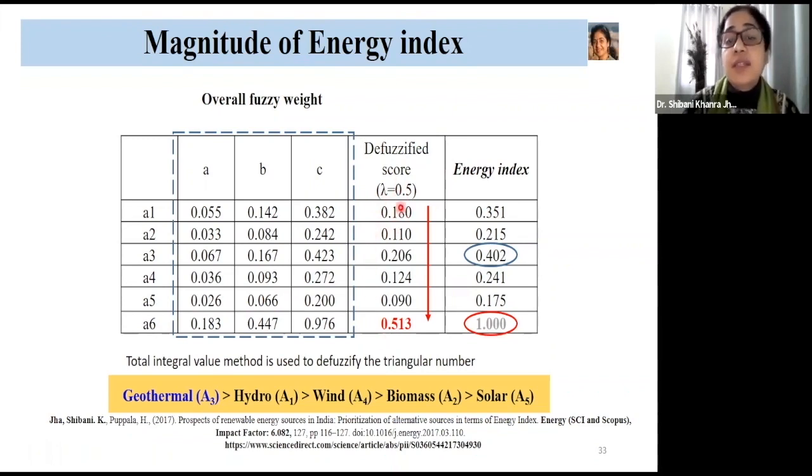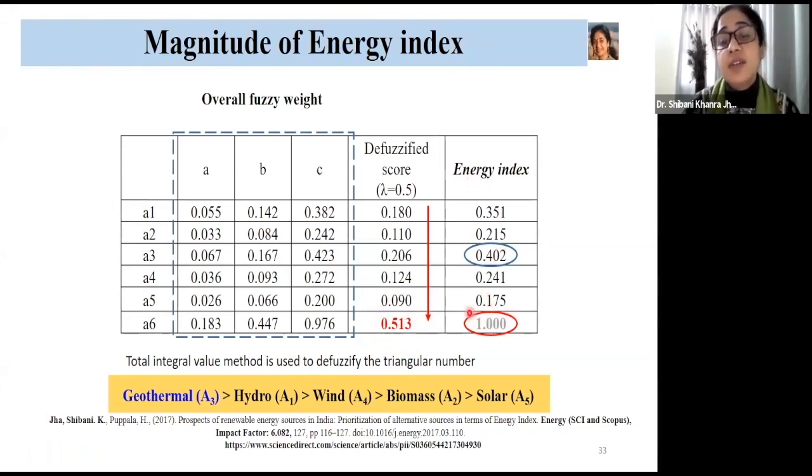With respect to that, you can see the value assigned for each of these alternatives A1, A2, A3, A4, and A5, and finally the energy index, which is obtained by dividing each of these defuzzified scores with respect to the score of this hypothetical alternative A6, and then we get the energy index value.